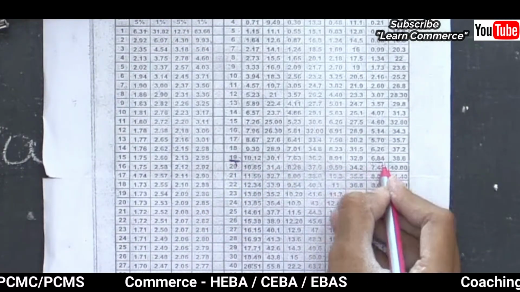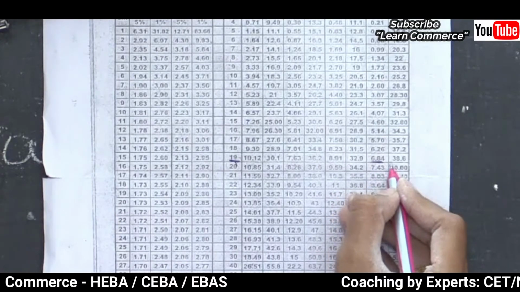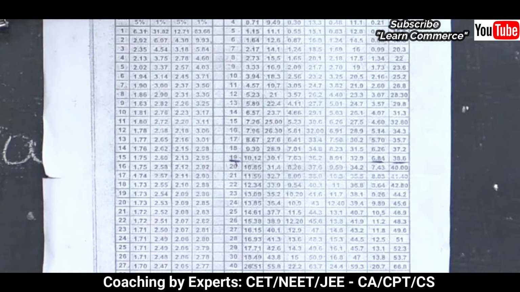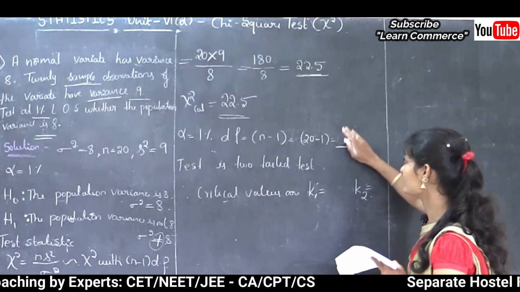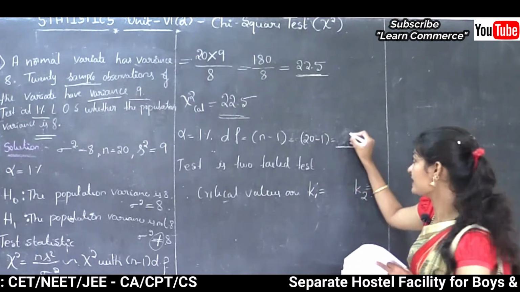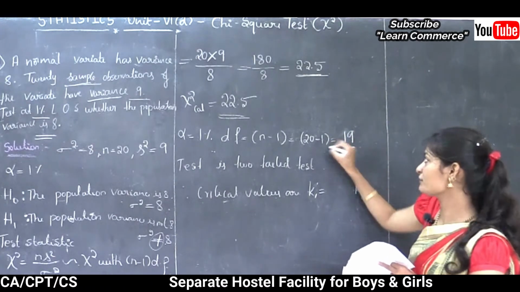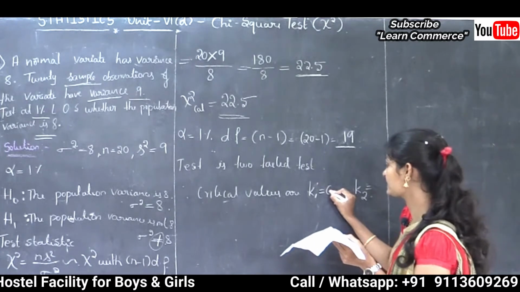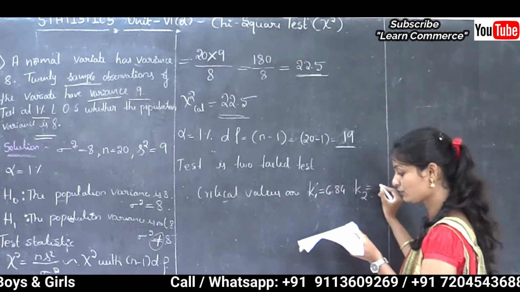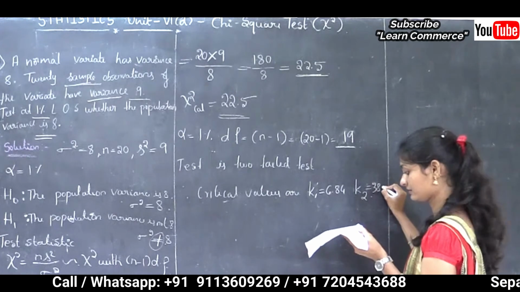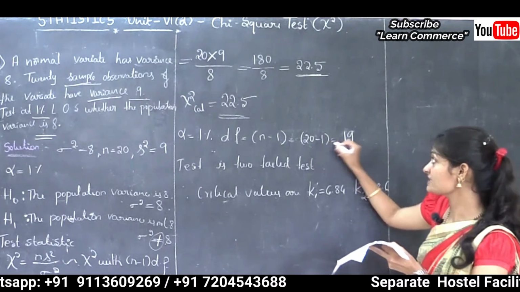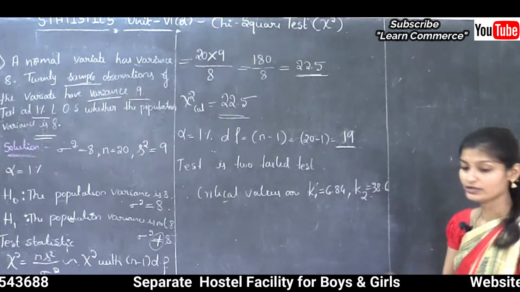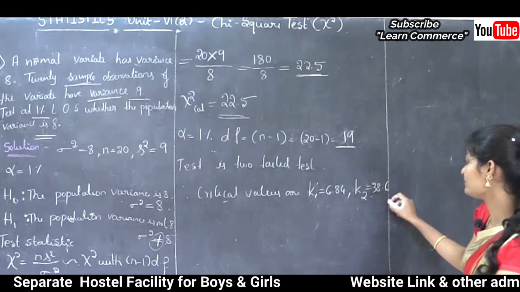K1 value is 6.84 and K2 value is 38.6. See, this is not 21, okay. 20 minus 1 is 19, so degrees of freedom is 19, and from this table K1 value is 6.84 and K2 value is 38.6.